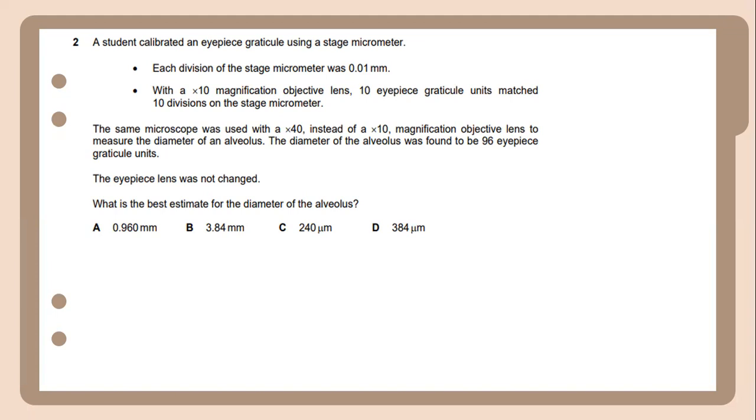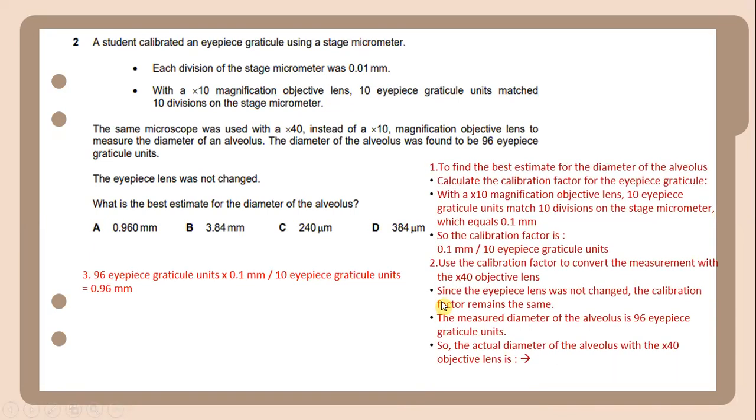The same microscope was used with a ×40 instead of ×10 magnification objective lens to measure the diameter of an ovule. The diameter of the ovule was found to be 96 eyepiece reticule units. The eyepiece lens was not changed. What is the best estimate for the diameter of the ovule?